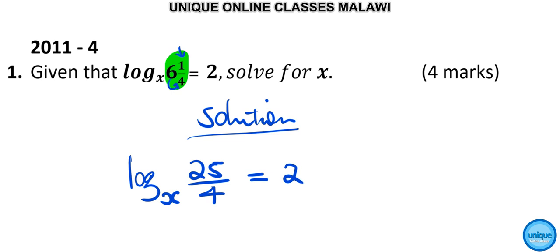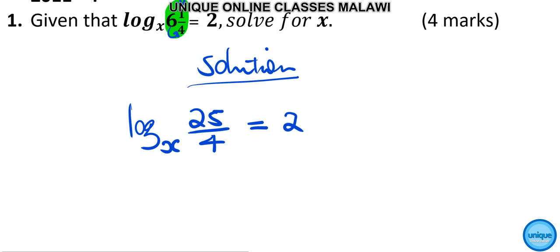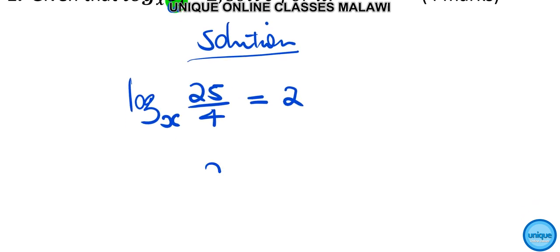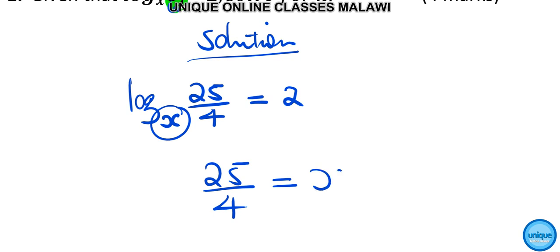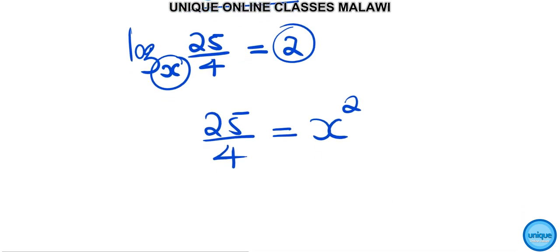And the next thing we need to do here, we're going to change this logarithm equation to an exponential equation. So here we're going to have 25 over 4 is equal to, our base is x, so we put it here and raise it to 2, so x power 2. And the next thing, we're going to remove that square by introducing a square root on both sides.